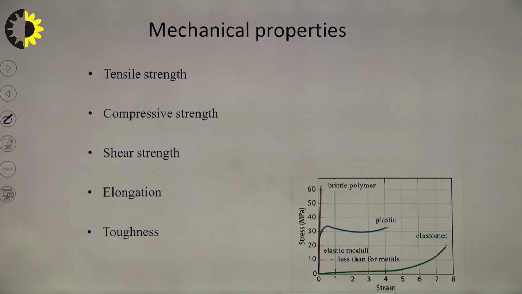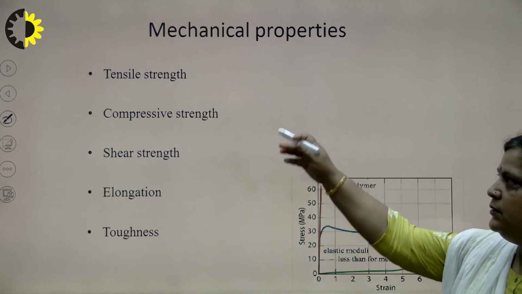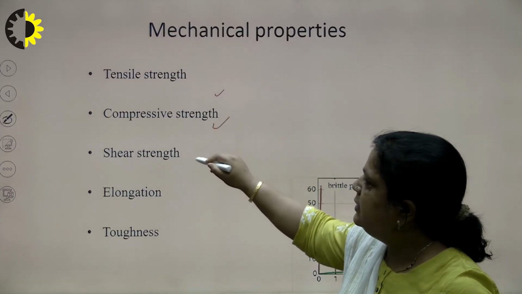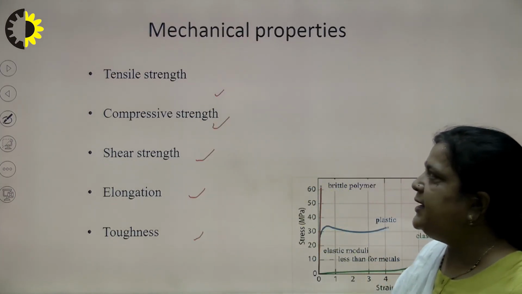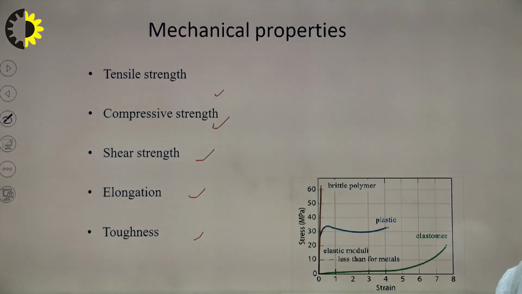These are a few mechanical properties. In comparison, if we compare the polymer with metals, the polymers have these mechanical properties: tensile strength, compressive strength, shear strength, elongation and toughness.